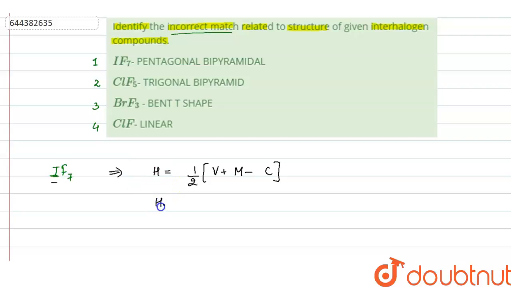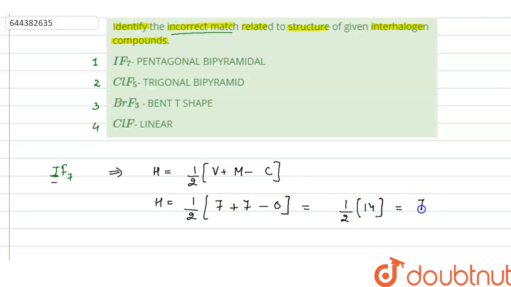So let us calculate. H will be half into, in iodine valence electron is 7 because it is a halogen, plus we have 7 monovalent atoms, that is 7 fluorine which are attached to the central atom. So M is 7, minus 0 because charge is 0. So it will be half into 7 plus 7, 14.